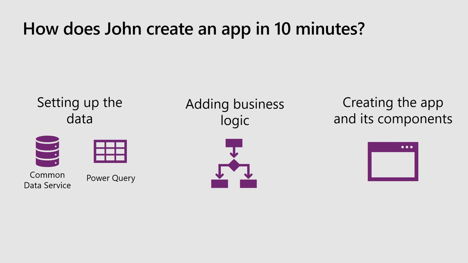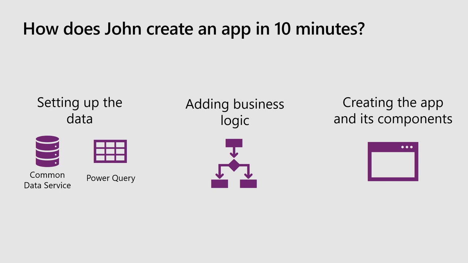So how do I create the app? I basically start with setting up the data, and for that we will use Common Data Service, and as part of it, we will also use an entity from the Common Data Model. Then we'll use Power Query to quickly move the list of items that I have in my inventory on a spreadsheet.